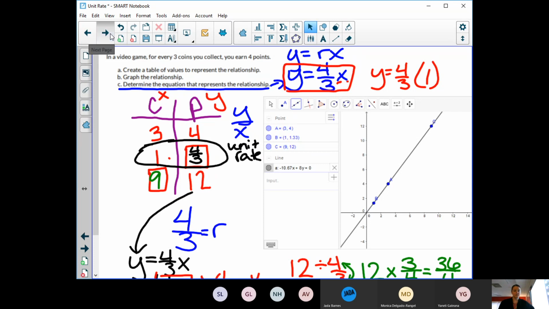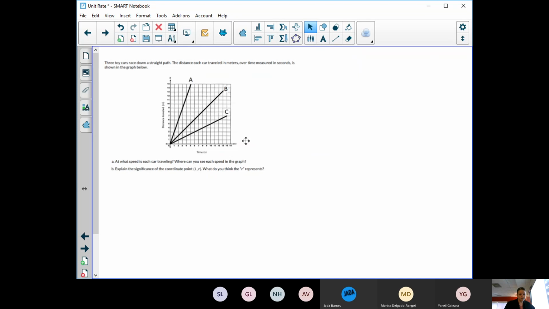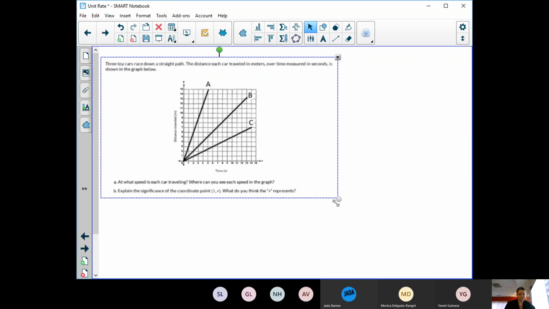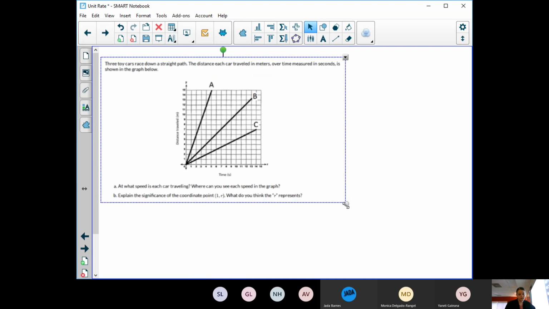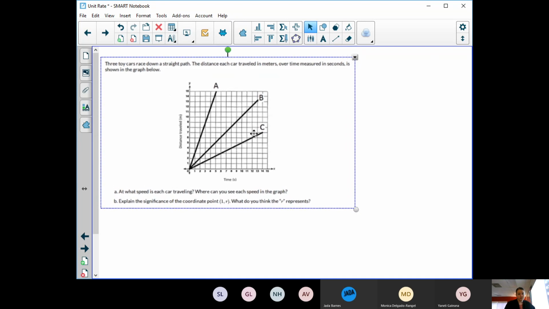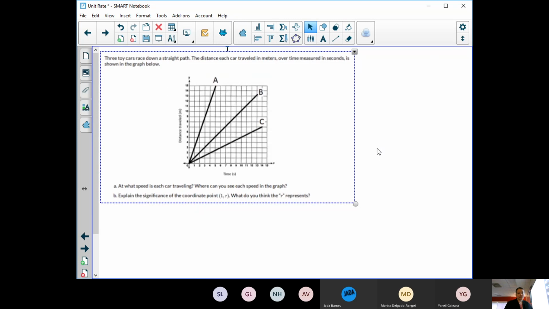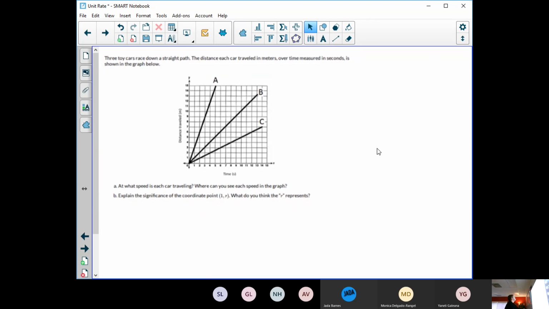All right, let's do one more. Oh, this one's real tiny. All right, we have a graph here, and it says 3 toy cars raced down a straight path. The distance each car traveled in meters over time, measured in seconds, is shown on the graph.